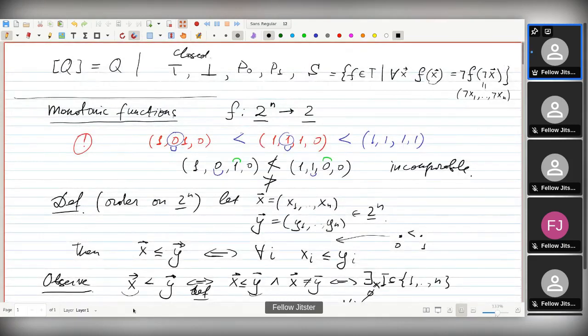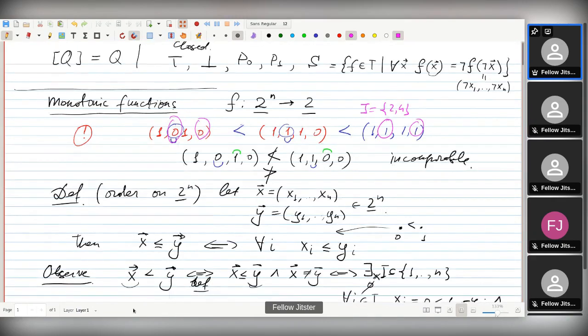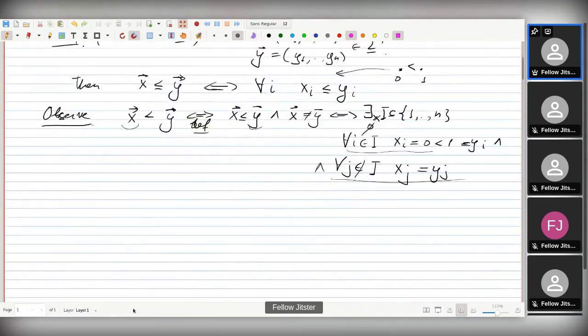Comparing these two tuples, you may take 2 and 4 as our set I. It is easy to see that this relation is indeed a non-strict ordering. It is an exercise.